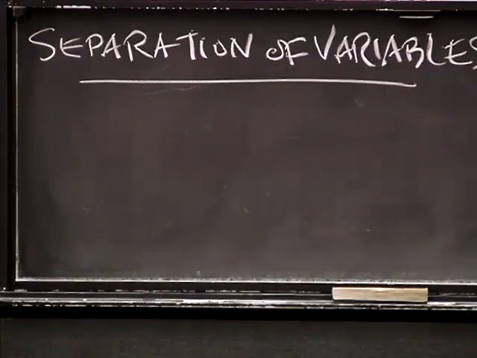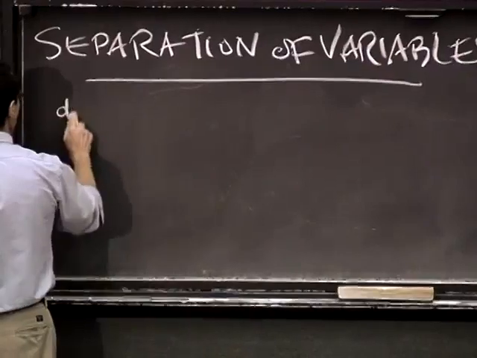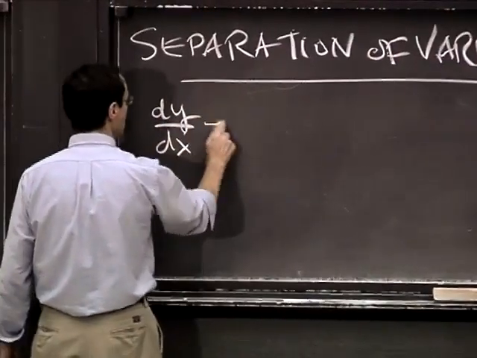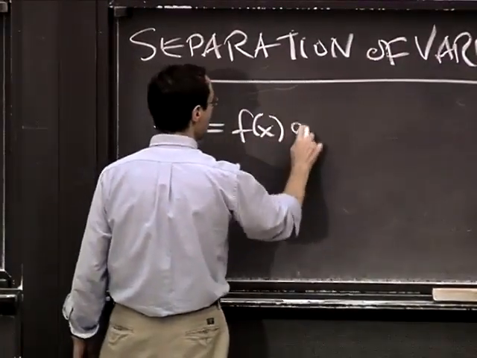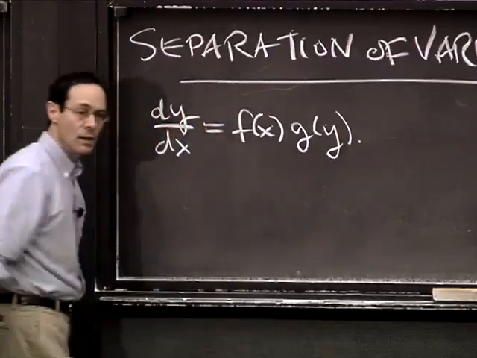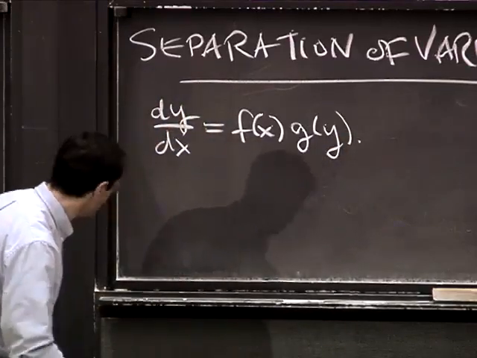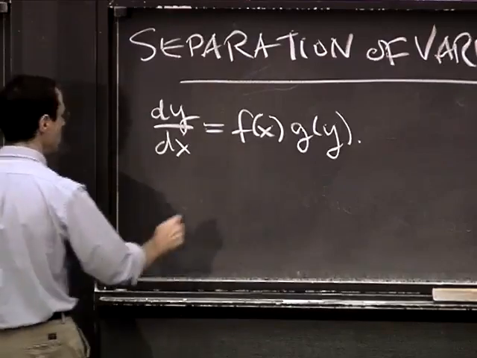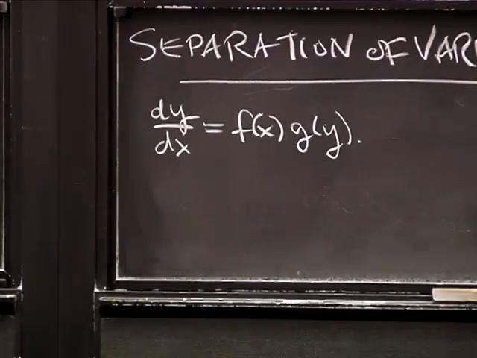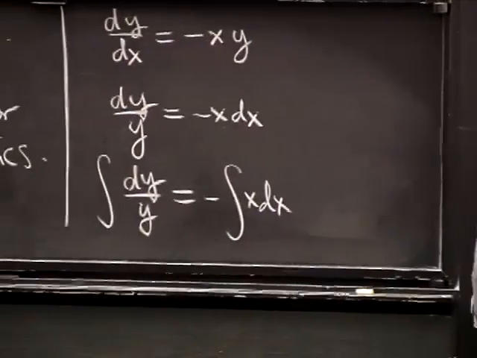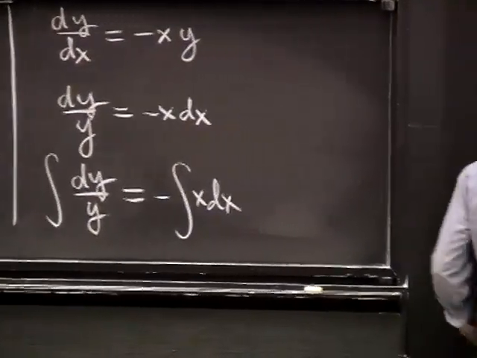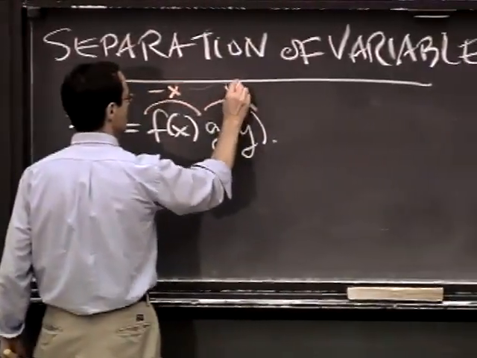And here's when it works. It works when you're faced with a differential equation of the form f of x times g of y. That's the situation that we had. And I'll just illustrate that just to remind you here. Here's our equation. It's in that form. And the function f of x is minus x. And the function g of y is just y.